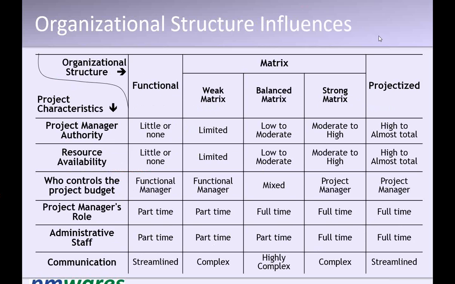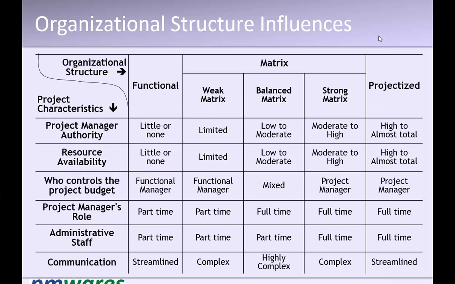So in the functional organization, the project manager does not have much authority because resources belong to their own group, and when the project manager asks them to do something, if they have a conflict or a challenge, then they focus more on their functional work than the project work. Similarly, resource availability is less because resources are committed to their function, less committed to the project. Who controls the budget? It's the functional manager, one of the functional managers who is leading the project. The project manager role is part-time because the functional manager's role doesn't change.